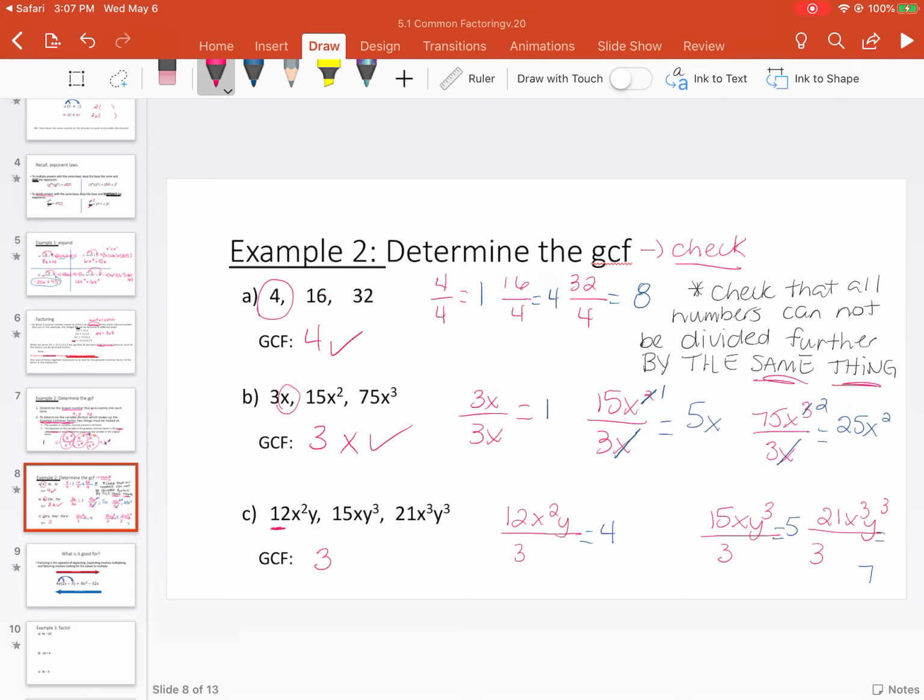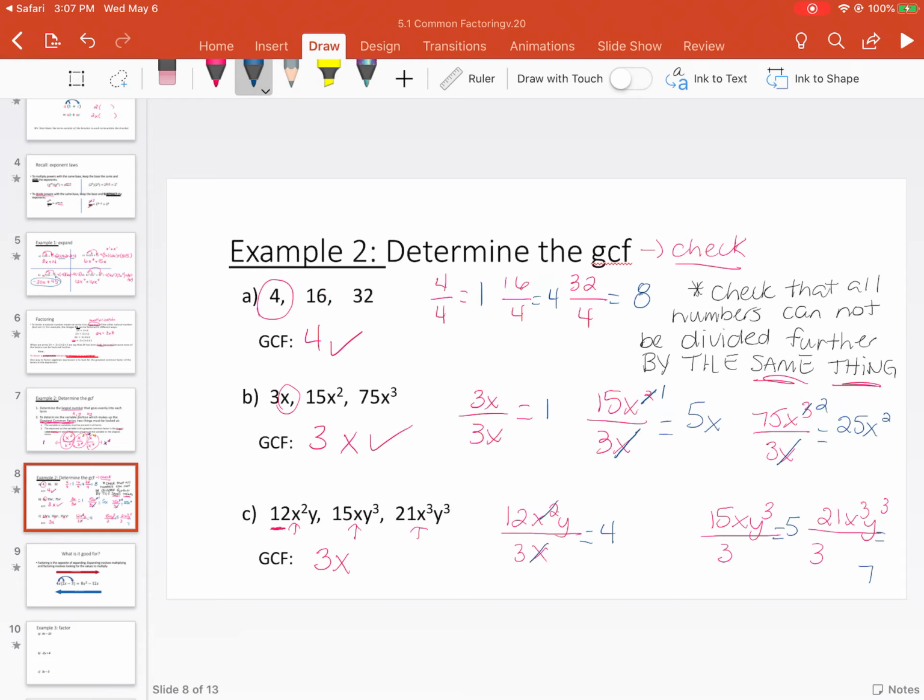Now, we do have some letters. So we want to take care of those variables. And again, whenever you do the x's and the y's, you want to look for the lowest exponent. So here we have x squared, here we have x, and here we have x cubed. So the lowest exponent is x.